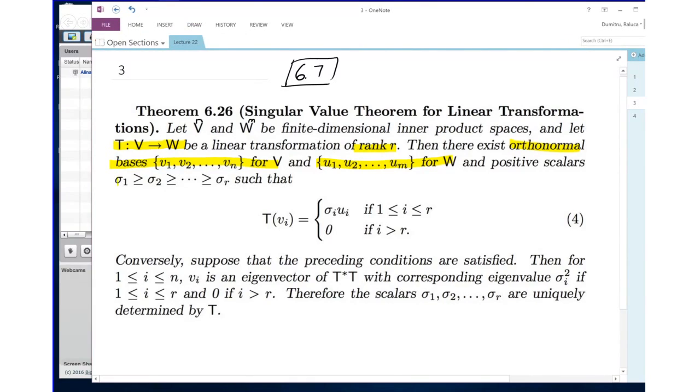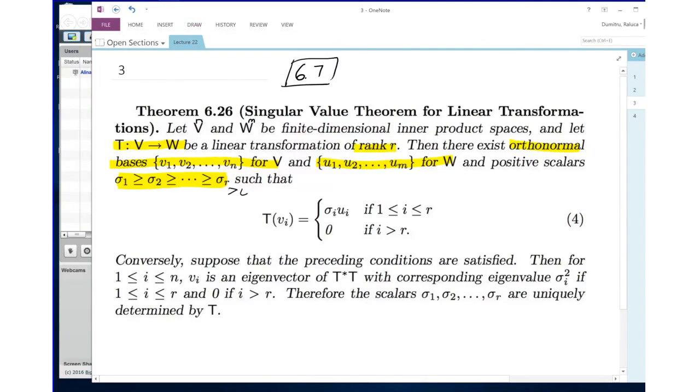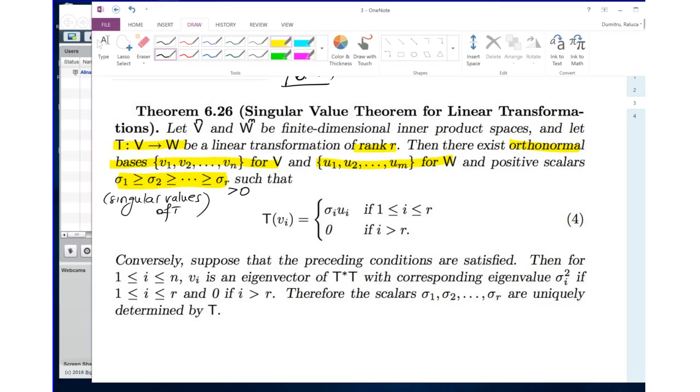Okay, and there also exist positive scalars. Those scalars will be called the singular values of the operator T. With this property here that, you see how many there are?